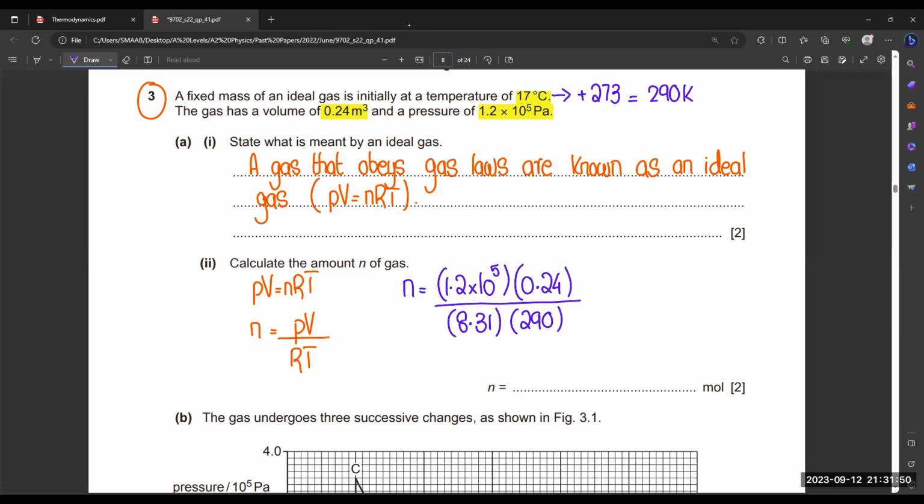And you will get your answer 11.95, but we have to convert into two significant figures. We have to round it off. So it will be equal to 12 moles, right?